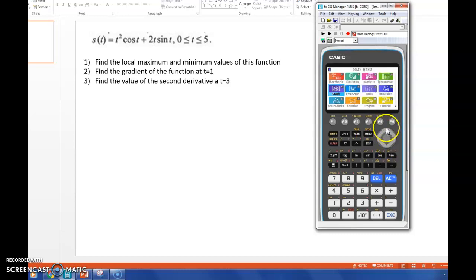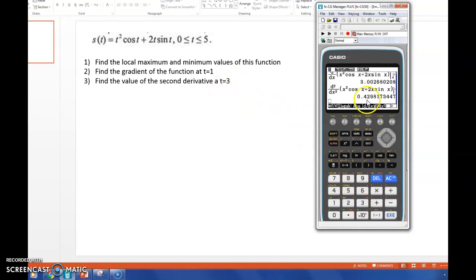You have to go to the run matrix to answer question 3. And all we're going to do is, again, we're going to go maths, and you can see here we've got the second derivative. So F5, second derivative of my function, x squared cosine of x plus 2x sine x, and we wanted to know that, at the x value of 3.